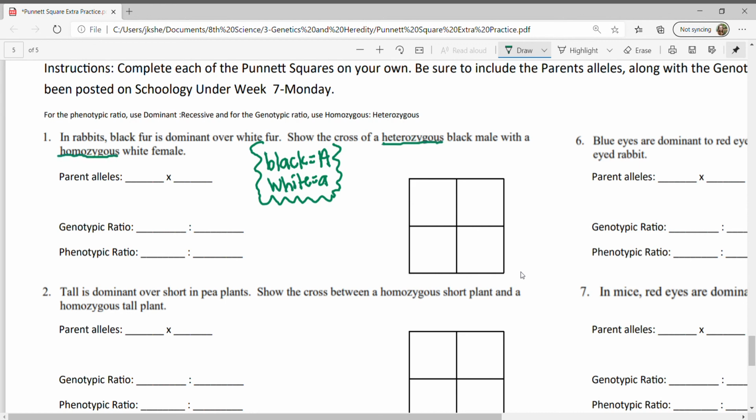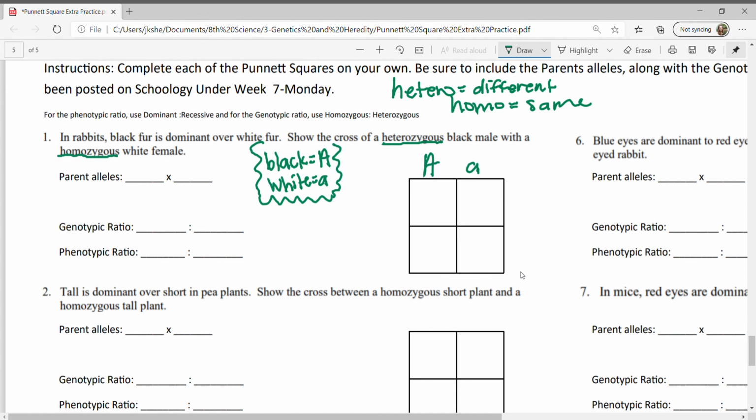female. So when you're setting this up, we remember that hetero equals different, and homo equals same. So looking at these two things, if we have a heterozygous black male, we know that those alleles are going to be different, as in one dominant and one recessive.